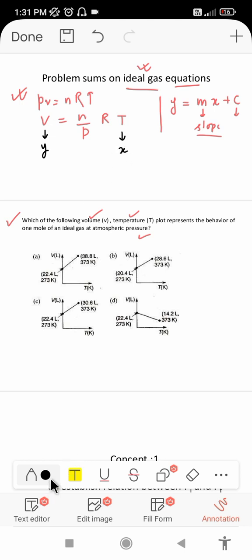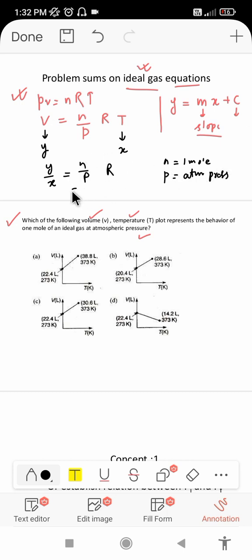Now from the given condition, we have to measure y by x, which is equal to n by P times RT. Now what is n by P? Here n equals 1 mole, and P is equal to atmospheric pressure.